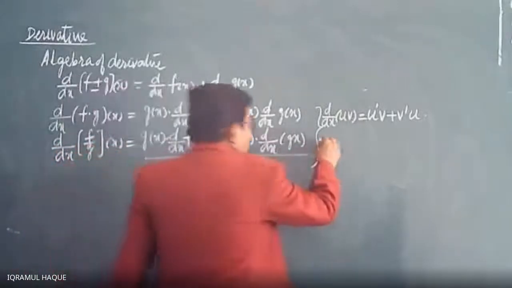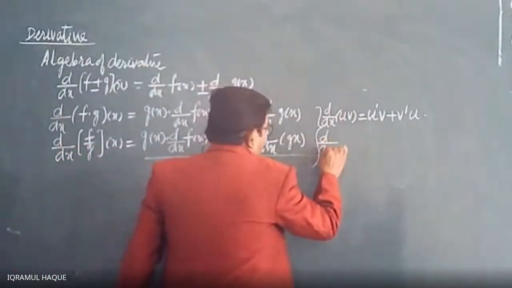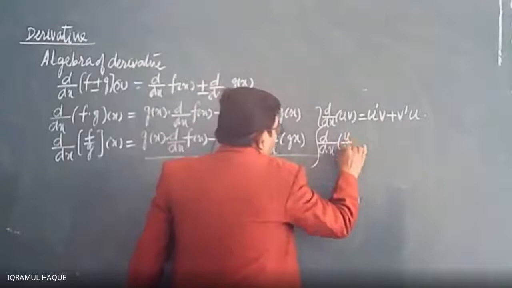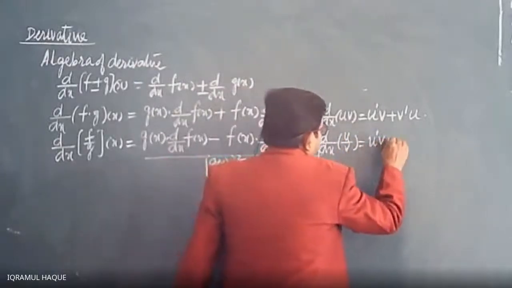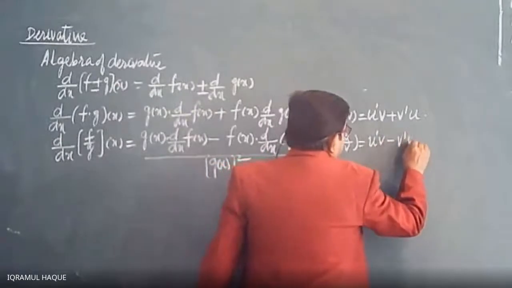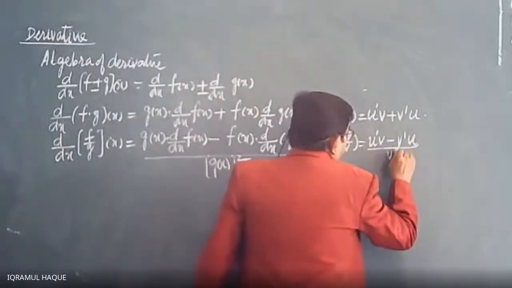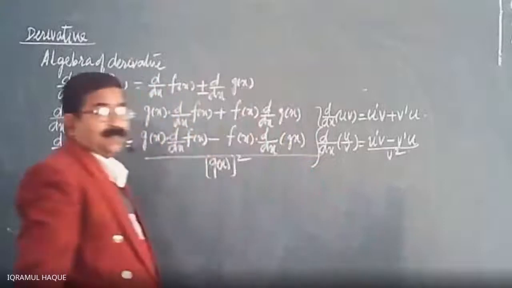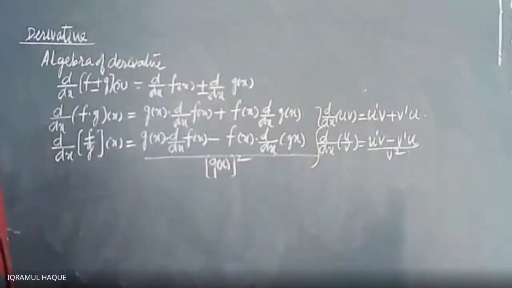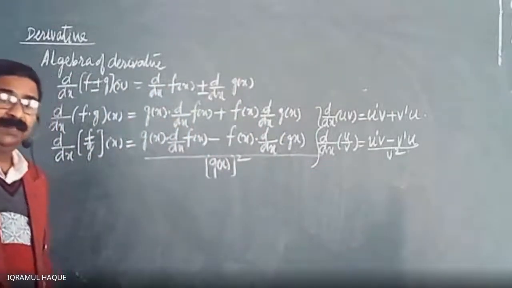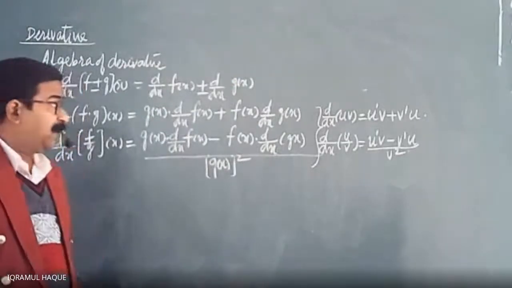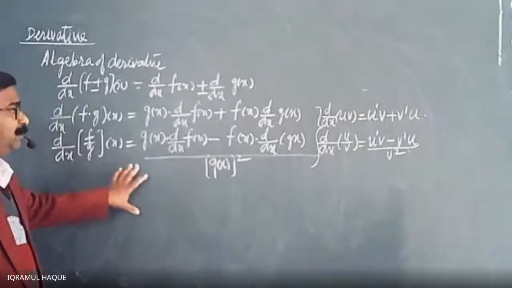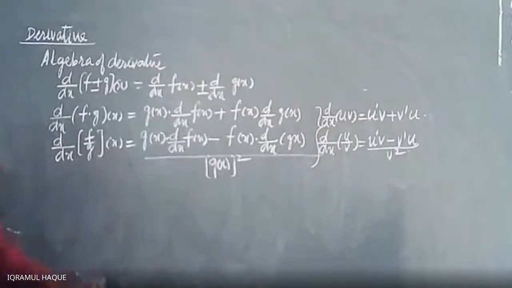And for the second, d of dx of u upon v, we write u dash v minus v dash u upon v square, meaning derivative of numerator into denominator minus numerator into derivative of denominator upon denominator square. So these are the basic rules which are very important. Note it down in your copy.